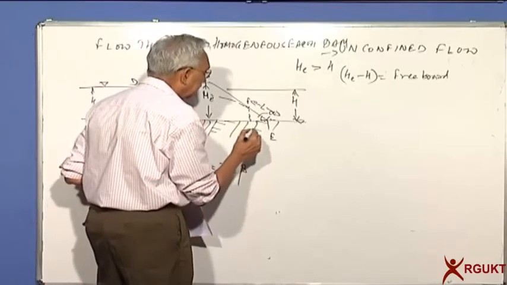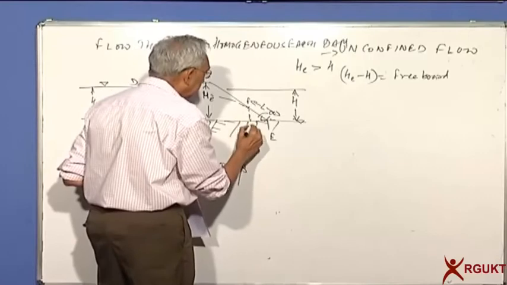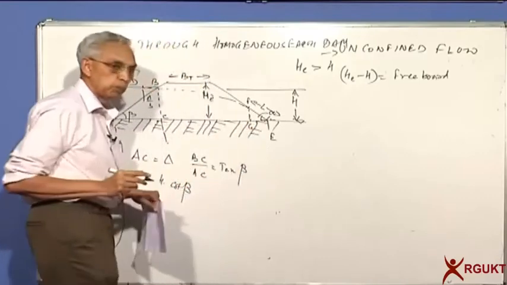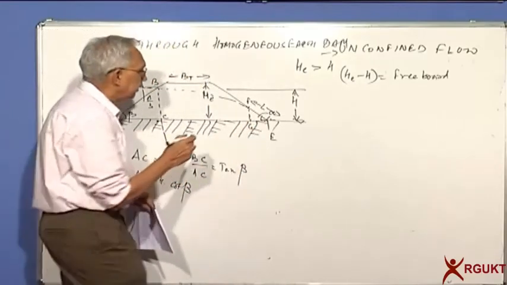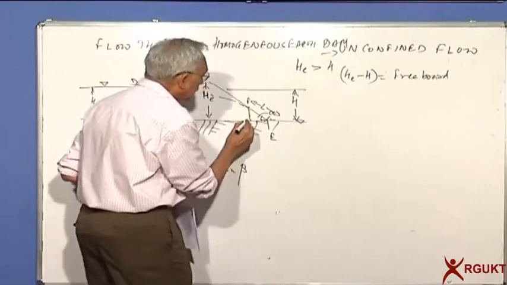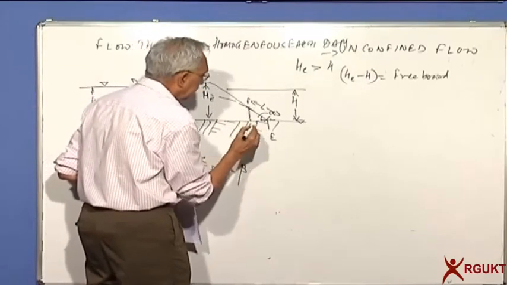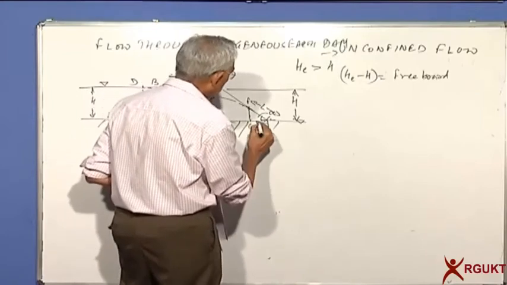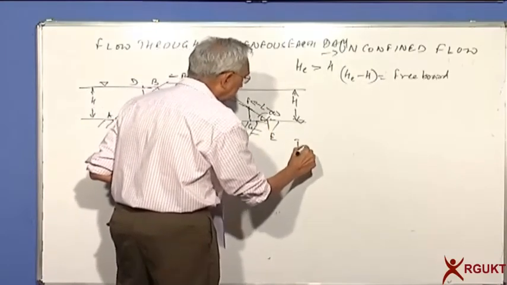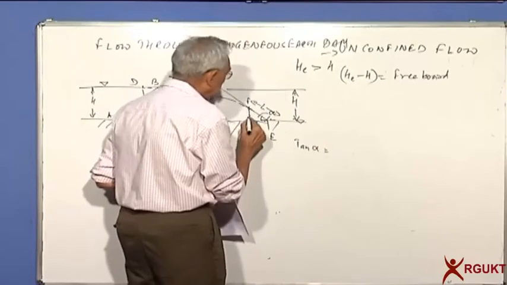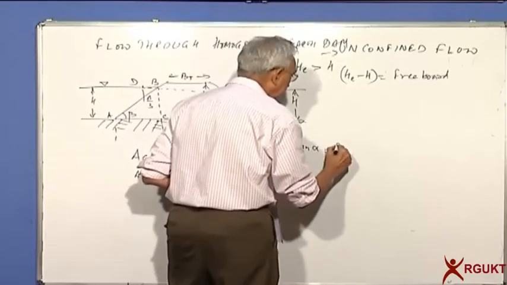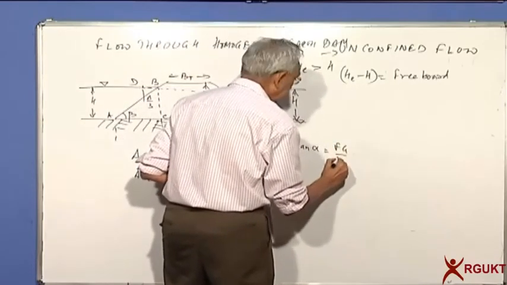Again, I have a triangle EF, and shall I call this a G? And then you can see here the slope of this line, which is tan alpha, is equal to FG by EG.